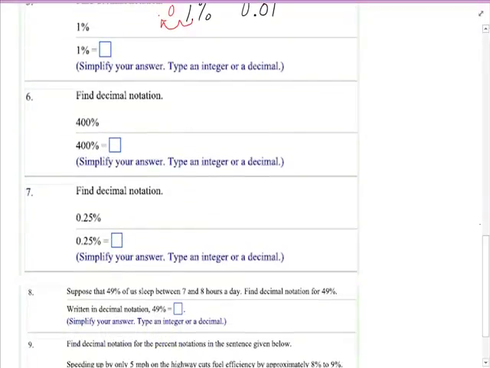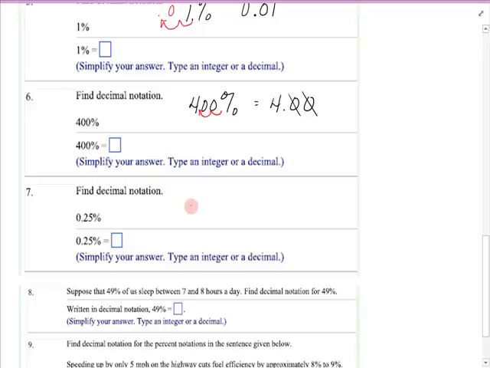Next, 400%. When a percent gets to be over 100, see what happens. Pick up the decimal, move it 1, 2. That would give you 4.00. These zeros are not necessary. The decimal point is not necessary. 400% is the whole number 4.